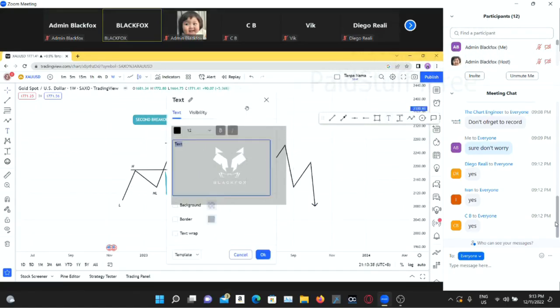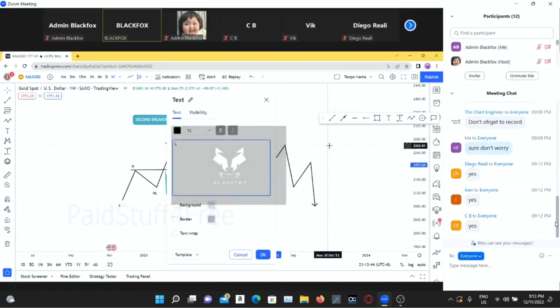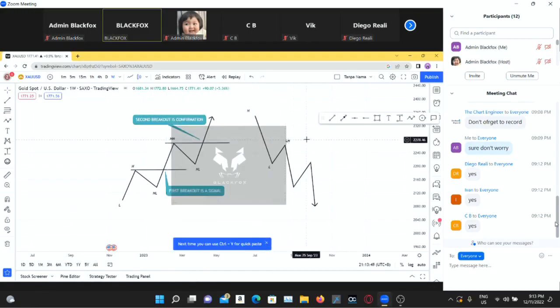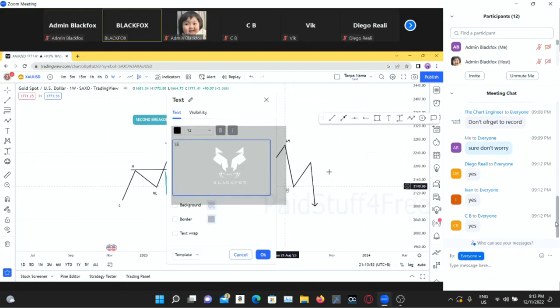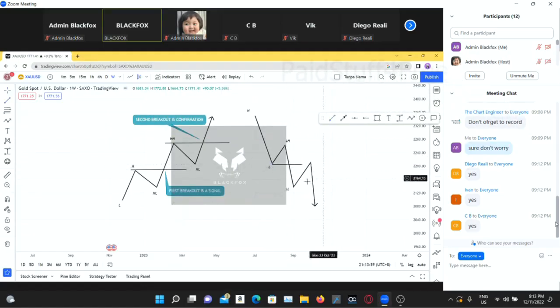This one high, low, lower high, lower low. Okay, first breakout is a signal, just a signal. First breakout, second breakout, then we call it confirmation. Okay, this is confirmation for downtrend.